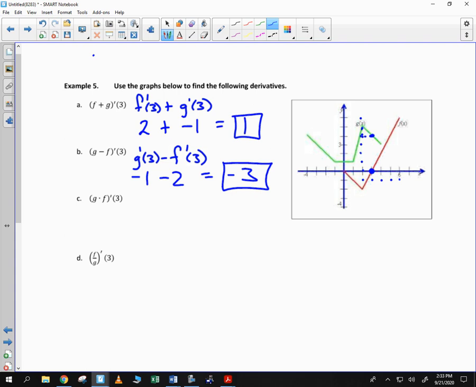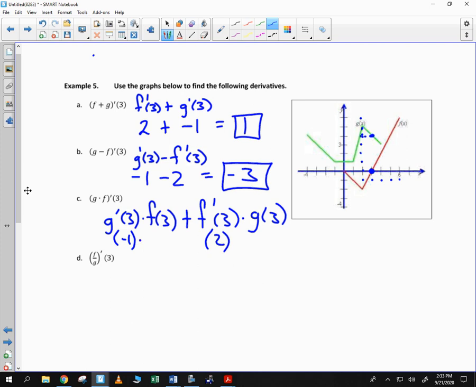Look what happens when we get the product rule. We do g prime of 3 times f of 3 plus f prime of 3 times g of 3. We've already determined that g prime of 3 is negative 1, and that f prime of 3 is 2.